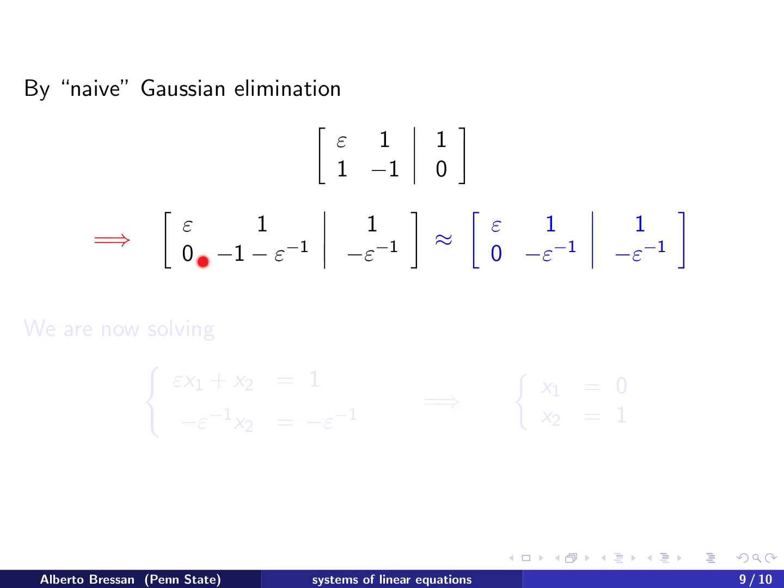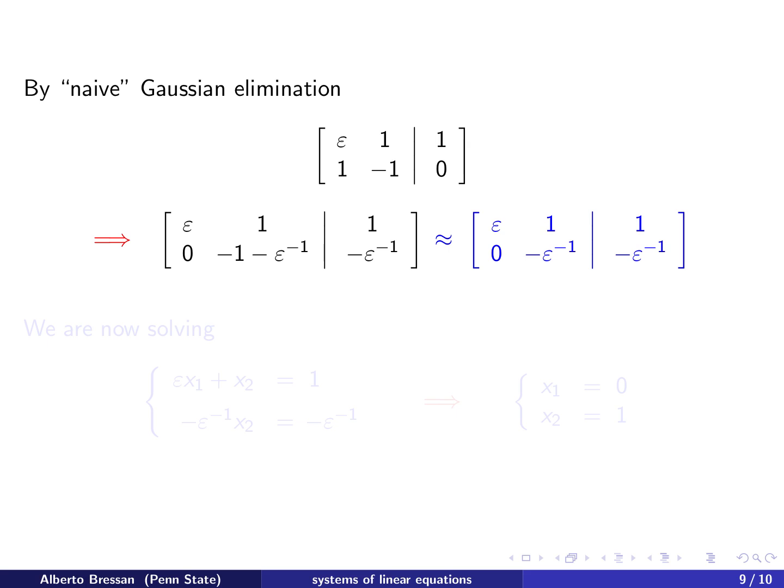Now it gives me 0, and then here will be -1 minus epsilon to the -1. That's what you multiplied on, and then here will be negative epsilon -1 plus 0, and that's what you get.